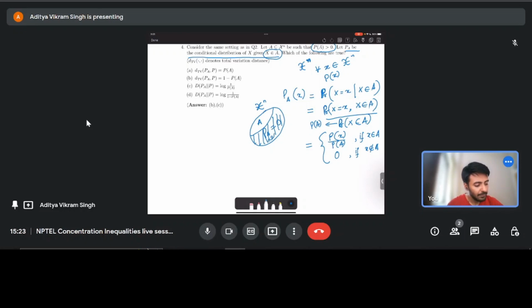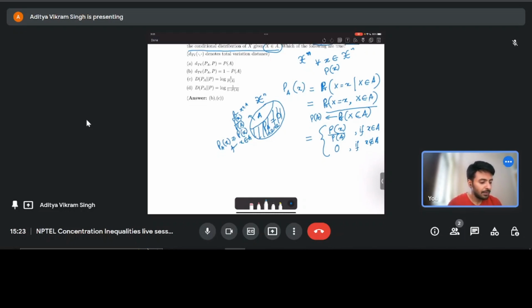And for x in A, this just becomes Px divided by P of A. So we are dividing by something less than or equal to 1, which means that PA of x is greater than or equal to P of x, the original probability, for all x in A.